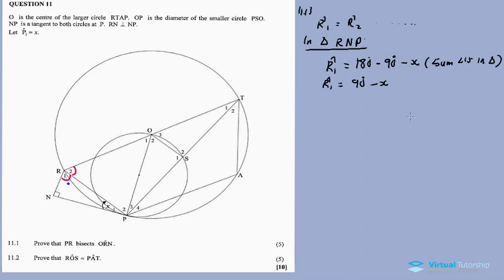We can use this triangle RTP to calculate R2, or we can use this triangle ROP to calculate R2. The challenge with this small triangle is that it would be difficult to calculate O1 as well as P2. It's going to be challenging.